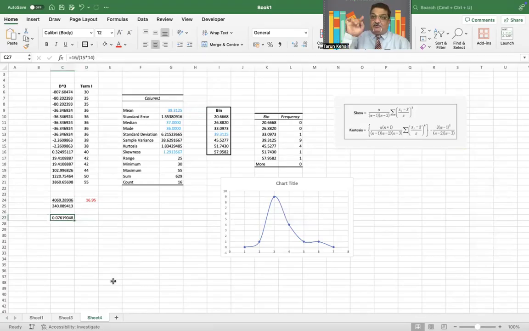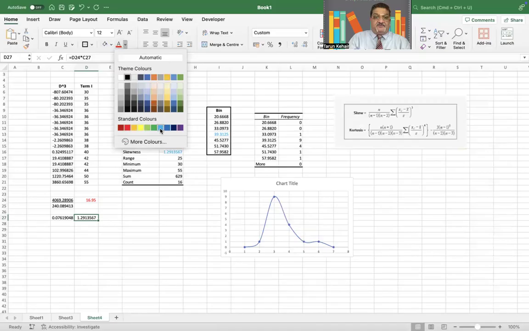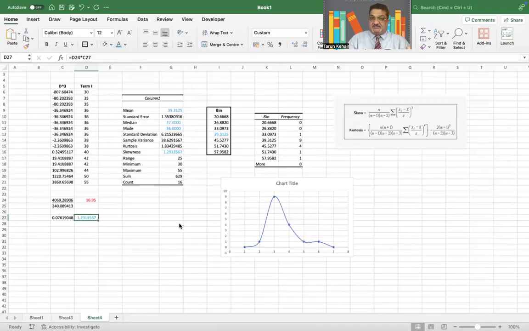So there is no need of doing 1 by 16. See, 1 by 16 will also be close to that, right? You see it's 0.06, this is 0.07. But statistically, this bias is more accurate. So I am going to now multiply this number with this, and I will get my skewness figure. And now we can see the skewness exactly matches the number that you have obtained on the chart. Without any problem, this is the skewness.